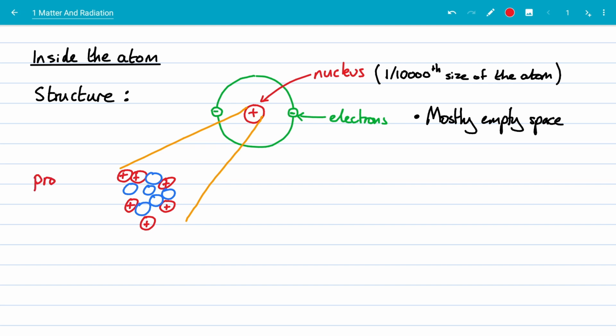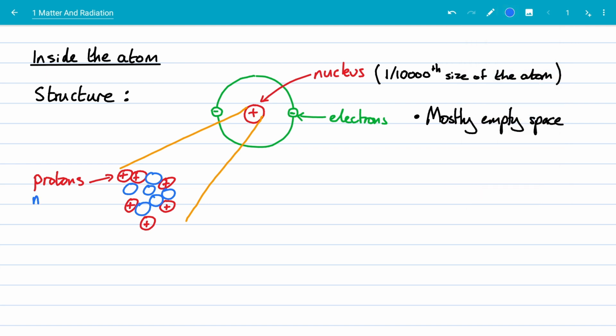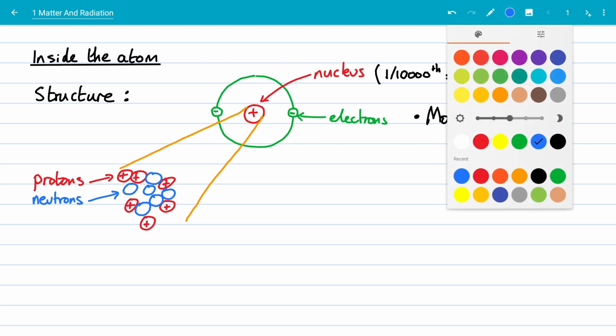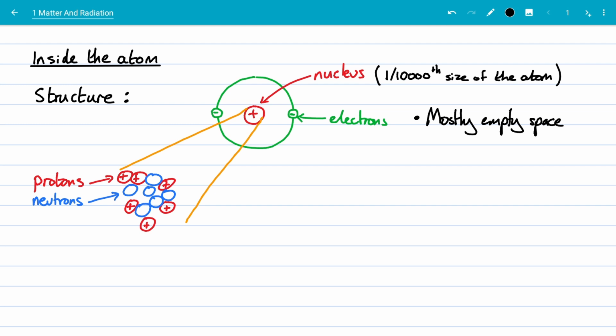These protons and these neutrons. Now, collectively, we call protons and neutrons nucleons. That's what we call both of those. So let's just draw a box around them and say that those are called nucleons.